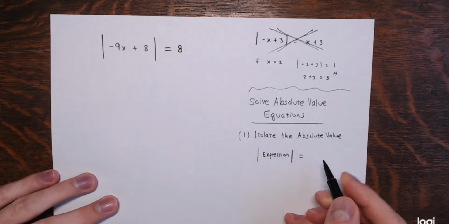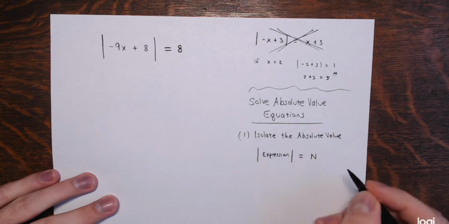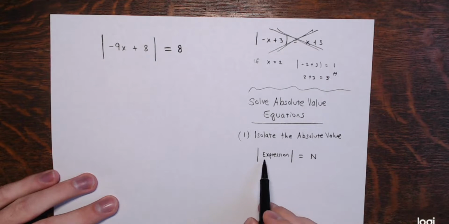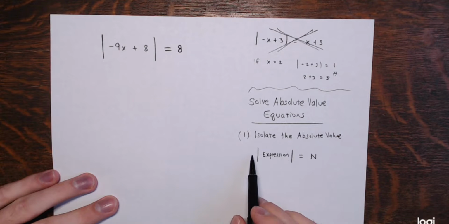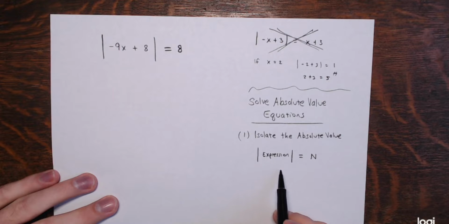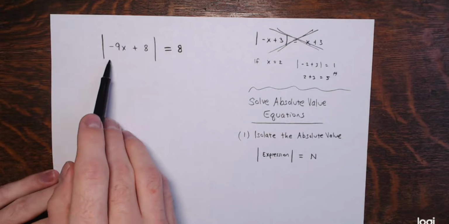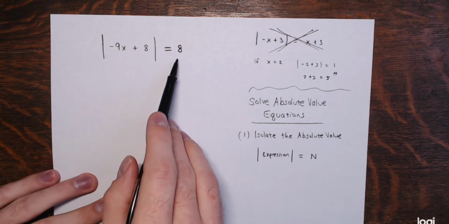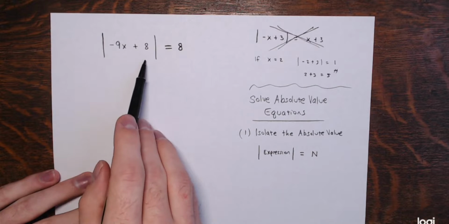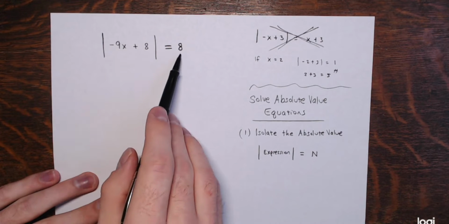I'll call this n over here. But you have the absolute value alone, nothing multiplied by it, nothing that's divided by it, nothing that's added to or subtracted from it. It's all alone, equals something else, which I'm calling n. So this is exactly what I want to start with. This equation they gave us: absolute value alone, nothing around it, equals something else, right? Equals 8.